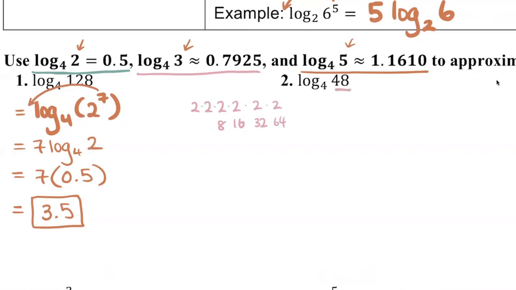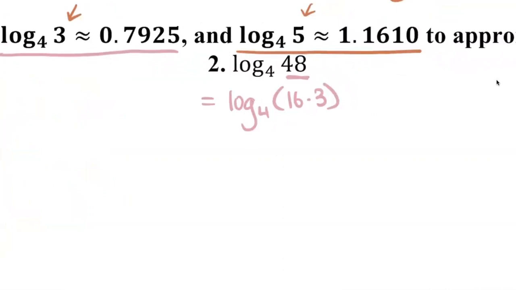All right. So what I noticed though is if I do 16 times 3, I get 48. So let's go ahead and do that. Let's do log base 4 of 16 times 3. And that's 48. All right, and then 16 is 2 to the 4th power.